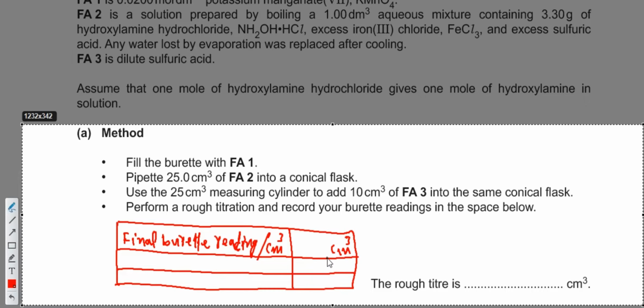So remember what is important here: the wording, the heading, plus the unit, which is most important. You must add the unit along with the reading you are writing here.